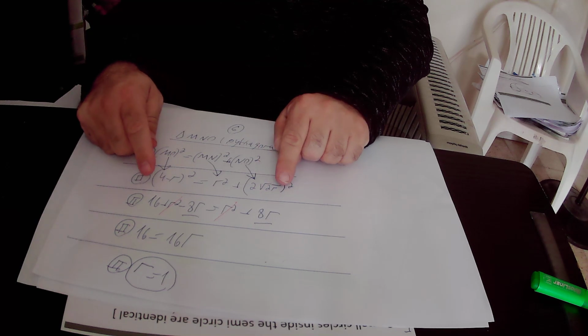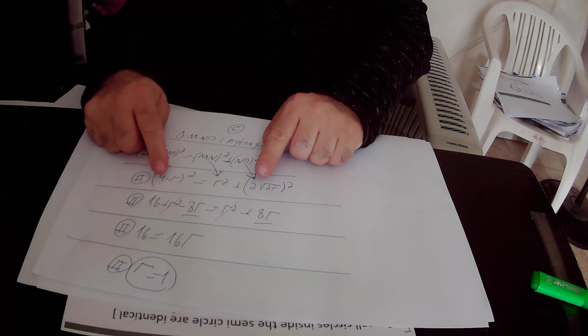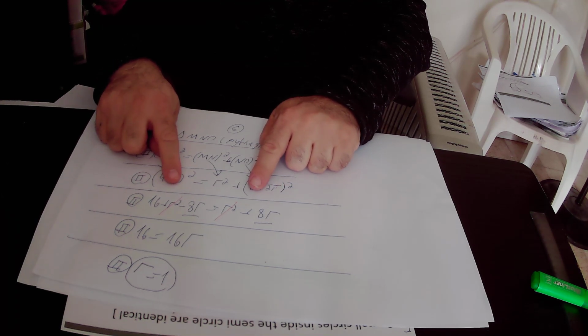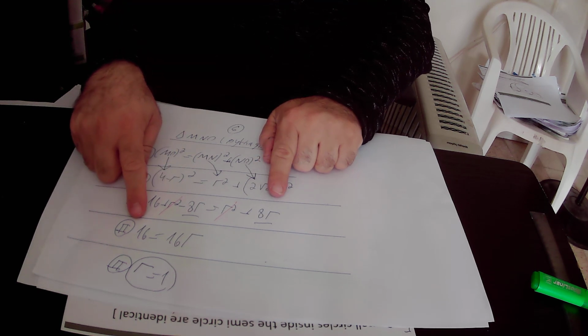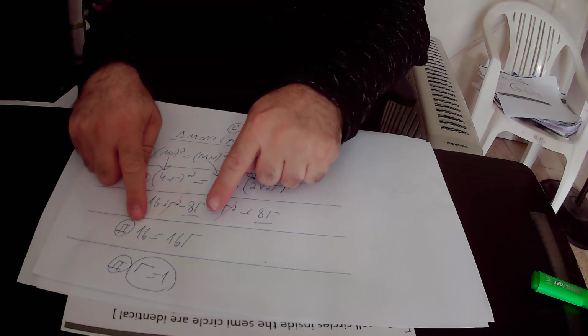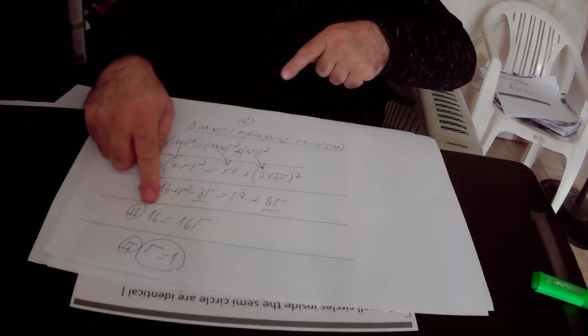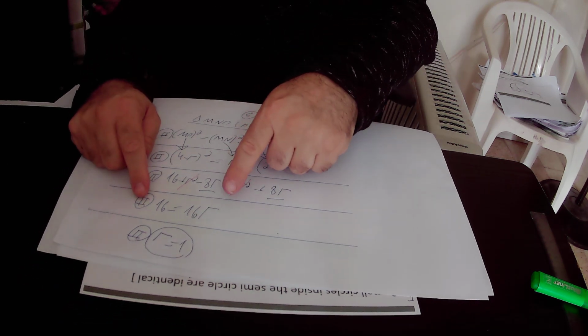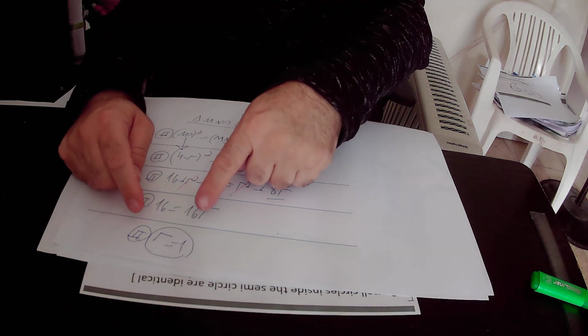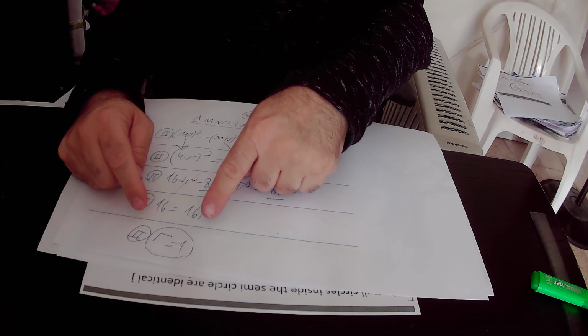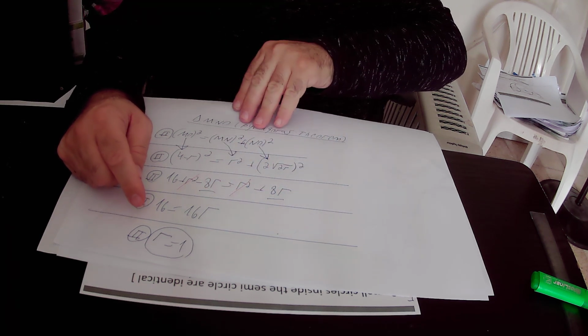And what is left after we cancelled? Actually here we added 8R to this equation number 2, and we got that 16 equals 8R plus 8R, 16 equals 16R. We divided equation number 2 by 16, and we got that the radius of the small circle equals 1 unit.